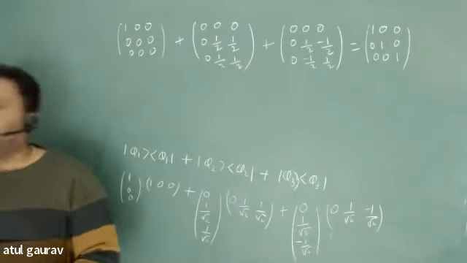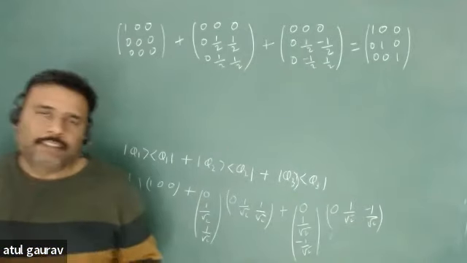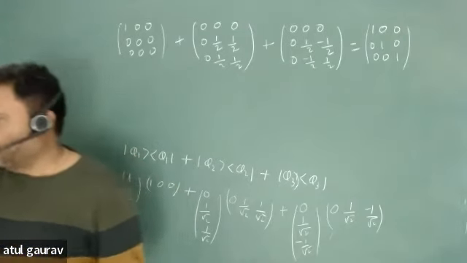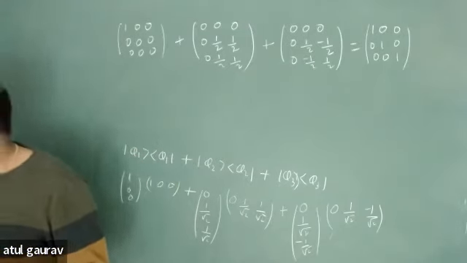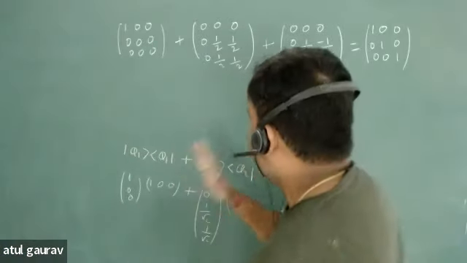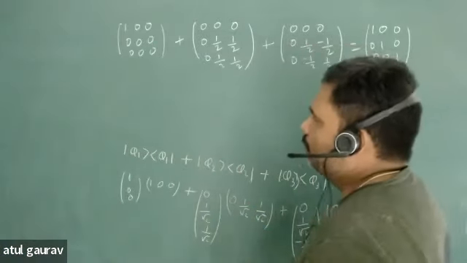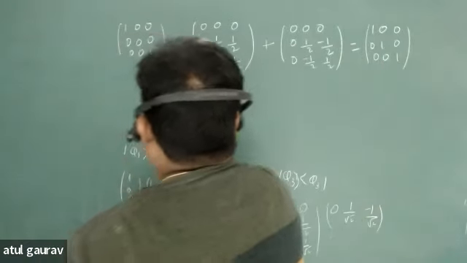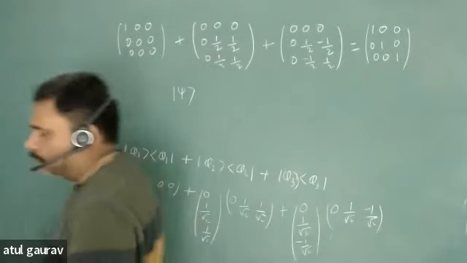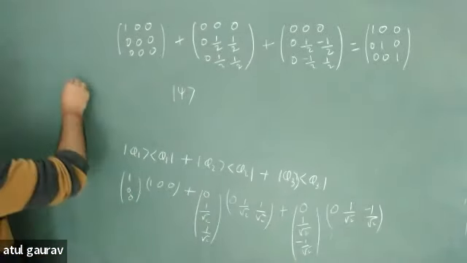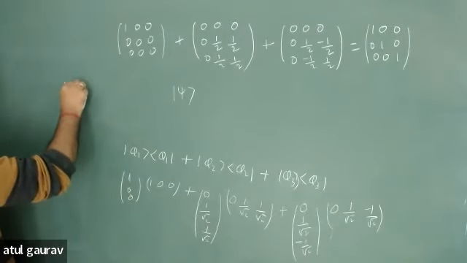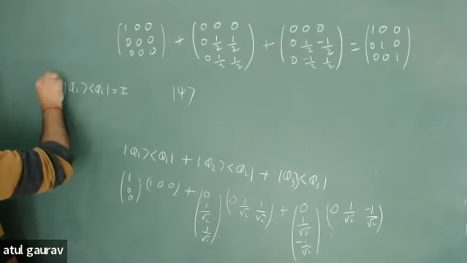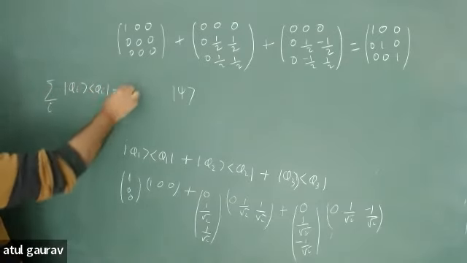Now my question is, what will you do with this particular projection operator? Look here. This is the most important thing, why we are taking this abstract notation and this abstract mathematics. Suppose I have psi vector, and I have the sum over i of phi i phi i equal to I. What is the meaning of that?